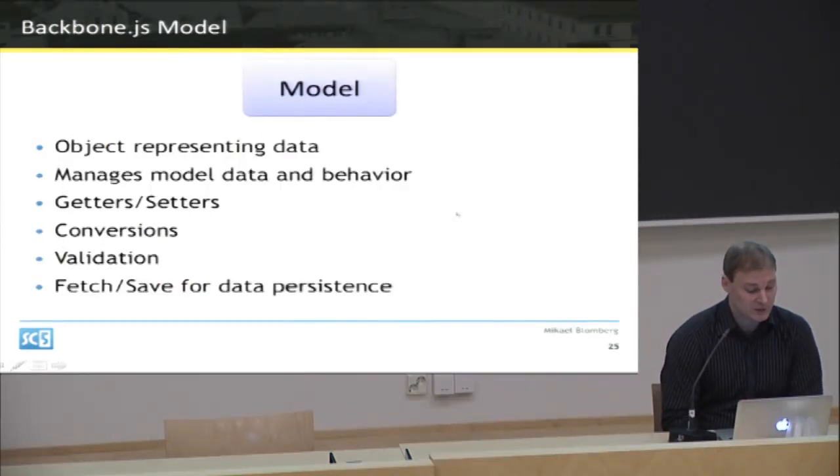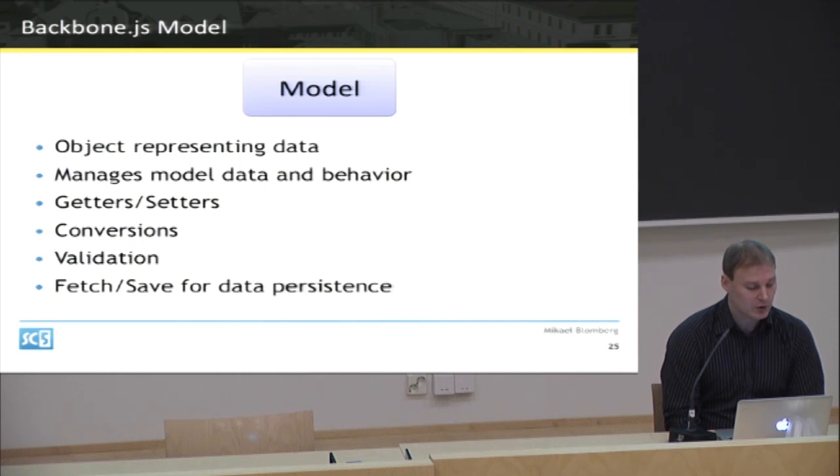Let's look at the model. It is representing the data. It includes everything that is related to that: getters, setters, conversions, validation, and then it has functionality such as fetch and save for data persistence. Fetch is the way we're accessing the REST API to get the model from the server.